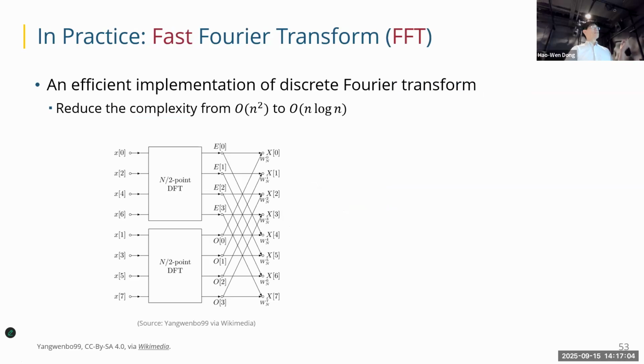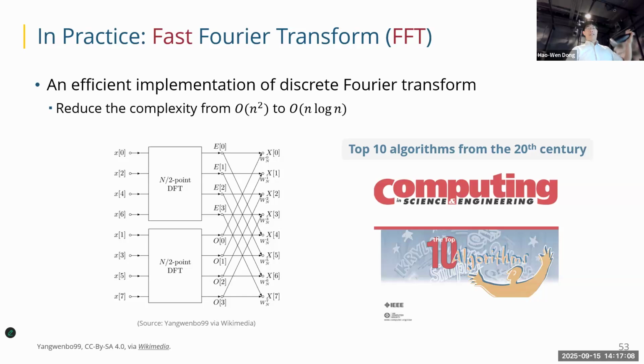And in practice, we are using this very cool algorithm, the FFT. It's actually one of the top 10 algorithms of the 20th century, so you see how important this algorithm is. Other than FFT, I think all the other algorithms are what you're told in algorithm class, but FFT is mostly in signal processing.